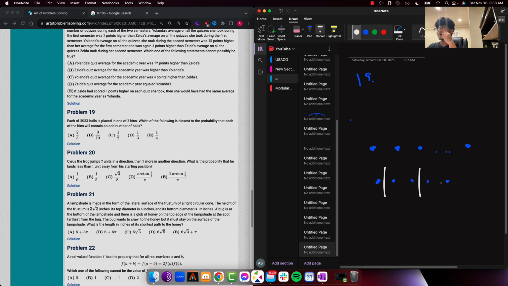And then after you place your first divider, you reduce it to a sub-problem where you have another odd number of balls, or like an even number of balls approximately.